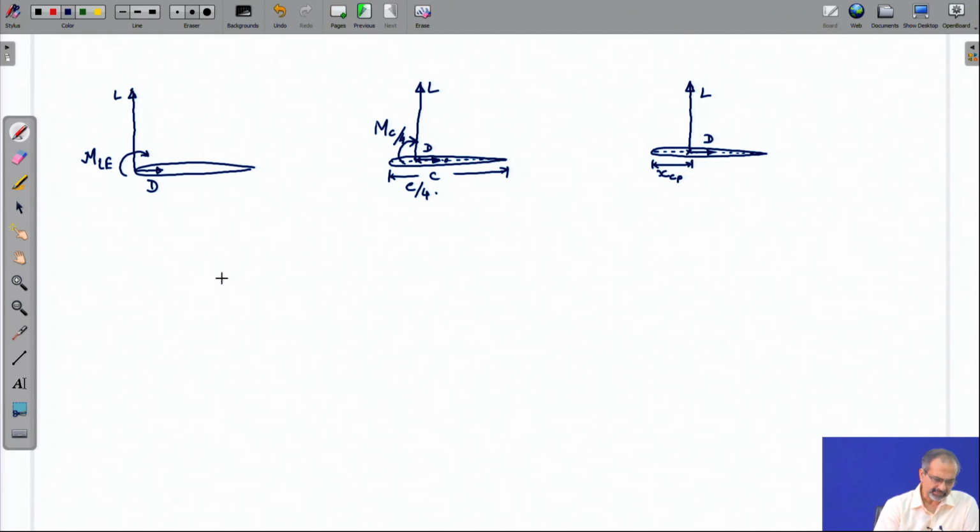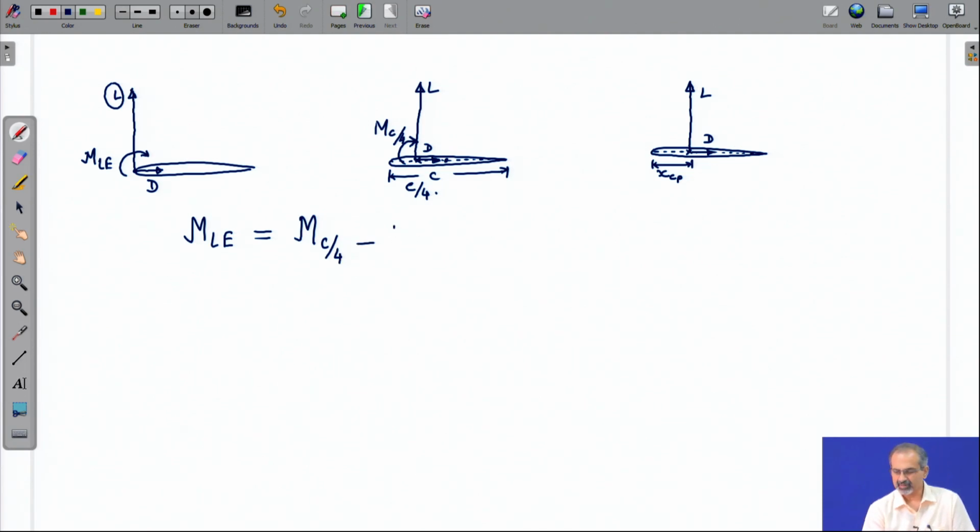So, these three cases can be represented through an equation like this. In the first case, we have a moment about the leading edge and there is no moment due to the lift force, because it is acting exactly through the leading edge. So, moment at the leading edge can now be written as moment at the quarter chord minus L into c by 4, because moment at the quarter chord is positive clockwise and then this is counterclockwise.